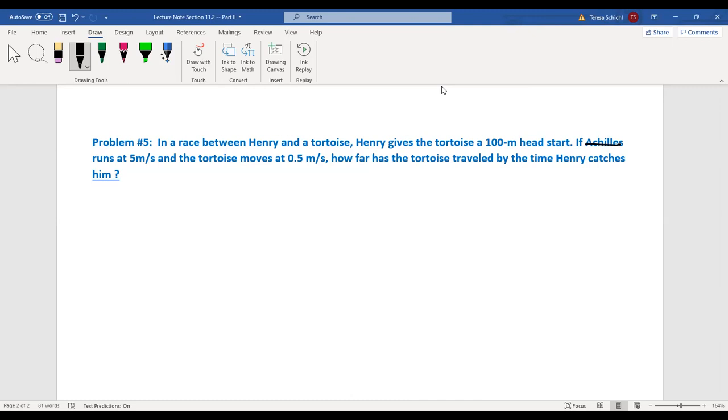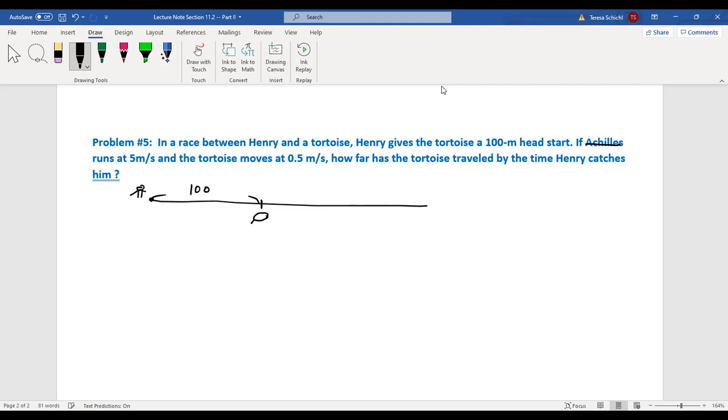All right, let's draw a graph and see how we do that. Here, this is Henry, starting here, and he gives the tortoise a 100-meter head start. So this is 100 meters here, and the tortoise is here.